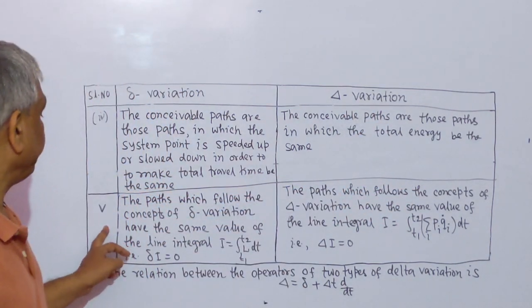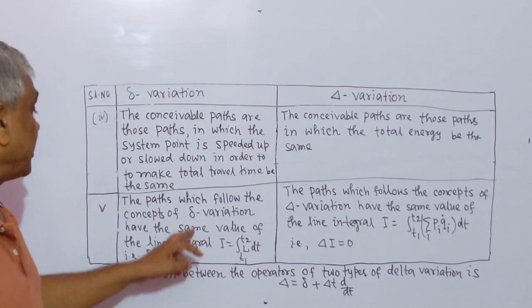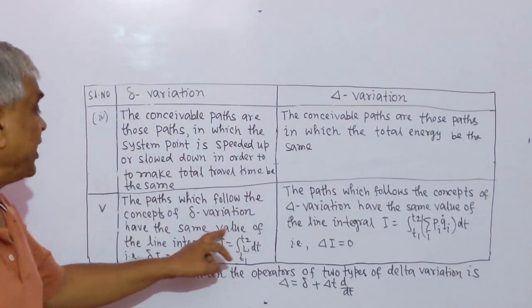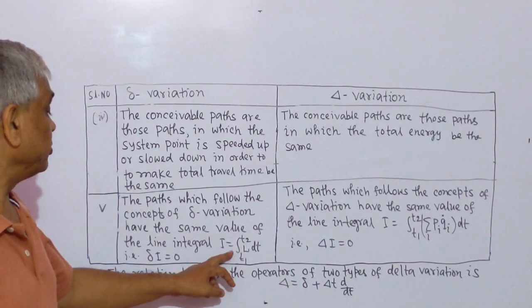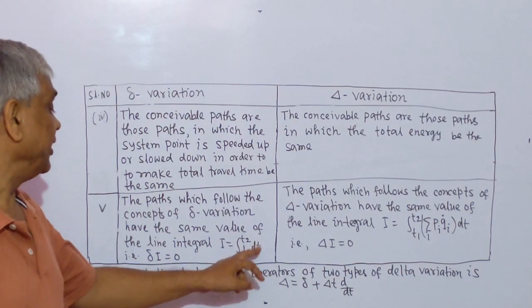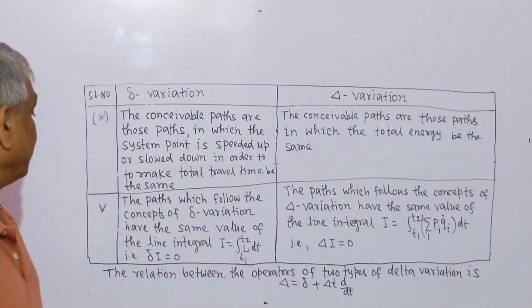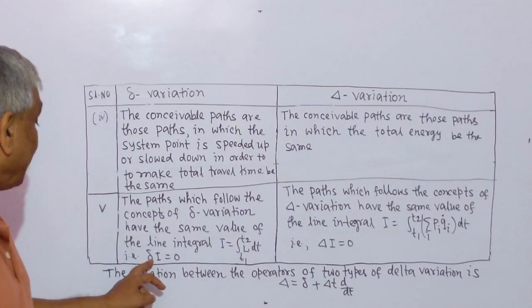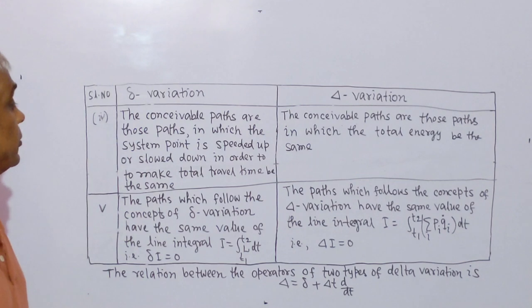Number 5. The paths which follow the concept of lowercase delta variation have the same value of the line integral I equal to integration limit t1 to t2 L dt, L being the Lagrangian function, that is lowercase delta I equal to 0.